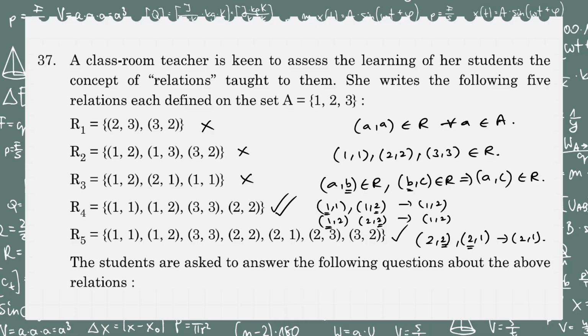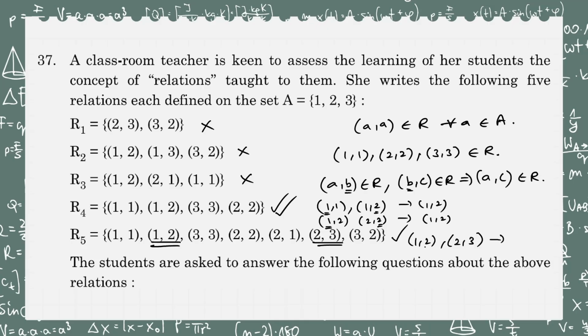But when I take (1, 2) and (2, 3), there is the problem. Suppose I take (1, 2) and (2, 3) from R5.